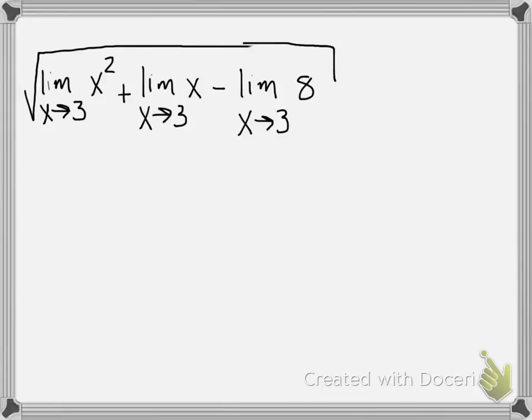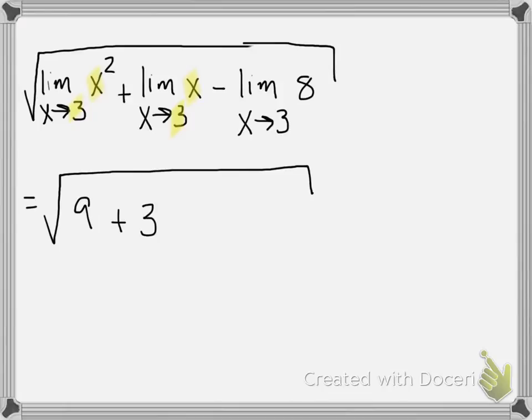Okay, so that's where we left off as far as the last slide. So we can just say that that is equal to the square root of, and like I said before, for this x, you'll just plug in the 3. So 3 squared is going to be 9, plus the limit as x goes to 3 of x. Again, you'll just substitute in 3 for that x. So we're going to have 3 there, and then minus the limit as x goes to 3 of 8, and that is just going to give us 8.